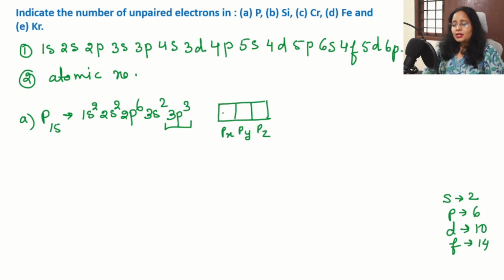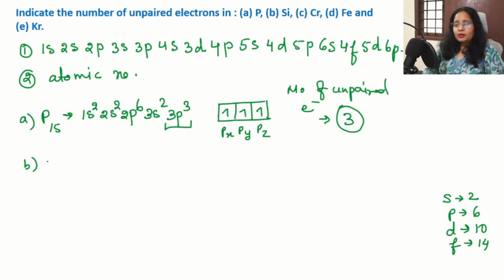So electrons are here 1, 2 and 3. So we can see there are 3 electrons only. Those 3 are unpaired. So we can write that the number of unpaired electrons is 3 in phosphorus.